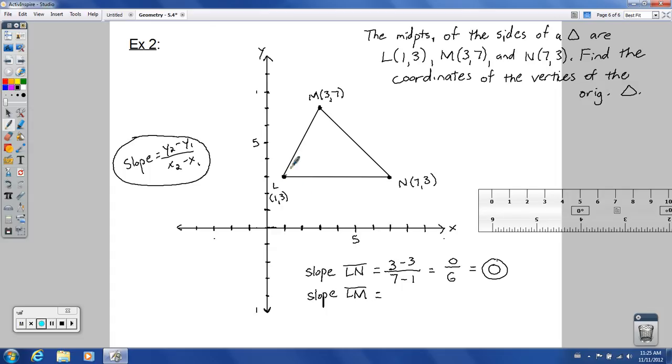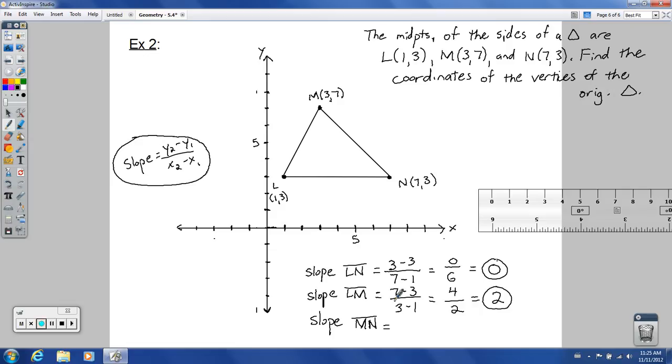so we're going to use L and we're going to use M. I'd call this my x2, y2, so 7 minus 3 on the top, and then 3 minus 1 on the bottom. What is the slope of this? This is 4 over 2, which equals 2 over 1, or you can just think of that as 2. And finally, what's the slope of MN?